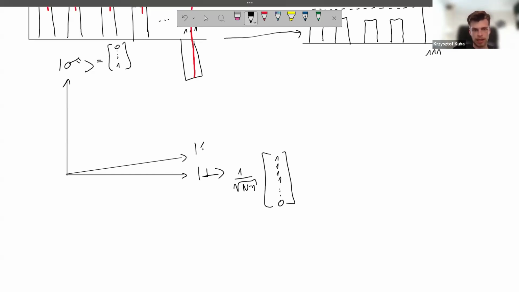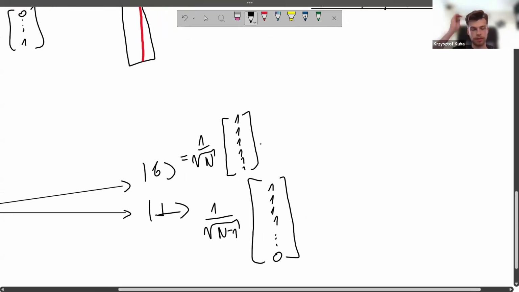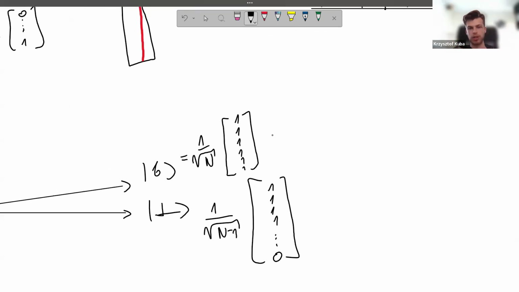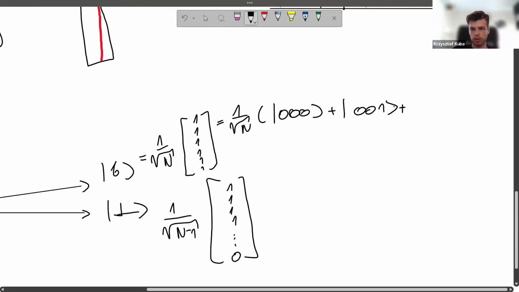We'll call this our balanced state B. This is just a superposition, 1 over square root of n, of all the possible numbers. And this is the vector representation. I don't know if you're familiar with this vector representation going from the bracket notation, but this should also be equivalent to, let's say, 1 over square root of n times 0, 0, 0, plus 0, 0, 1, plus, and so on, to 1, 1, 1.